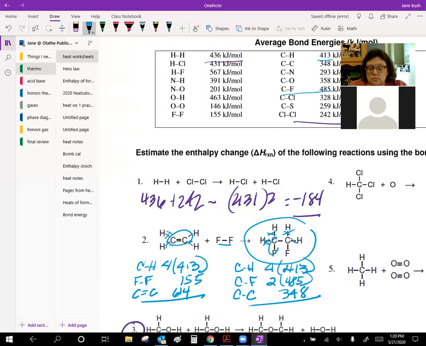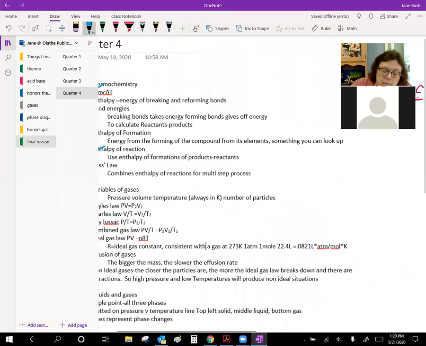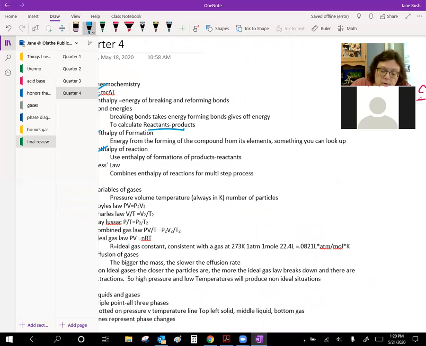And what we would do, we put energy into this, and then we got energy out. We don't worry about signs. We just take this minus this. But energy being given off is subtracted. So in this case, these are reactants minus products. For bond energy, it's reactants minus products.